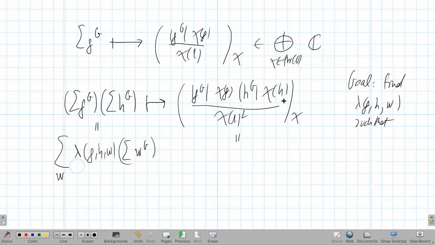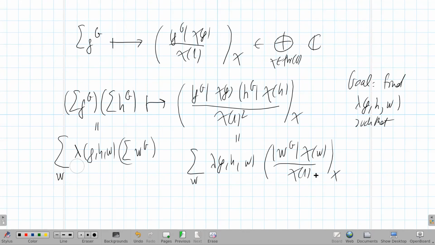And so this object will be the sum over w, because this object is the image of this under this isomorphism.